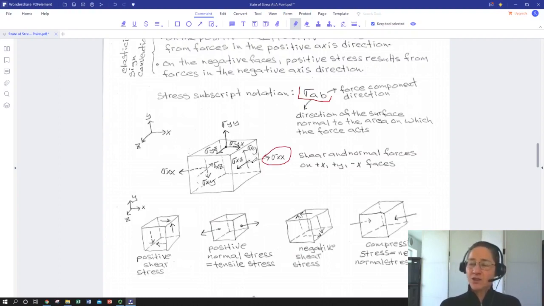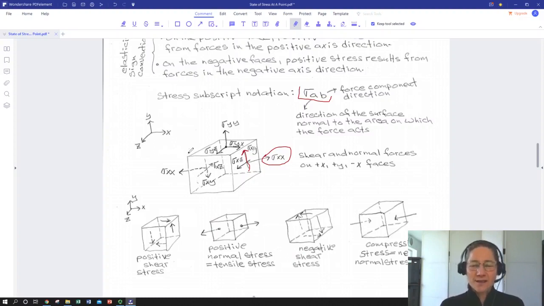If I'm looking at the shear stress resulting from a force in the y direction on the x face, I have this force on the x face, so this is sigma xy. If I've got a negative direction x force acting on the negative x face, I still have positive xx. Think of it as double negatives.